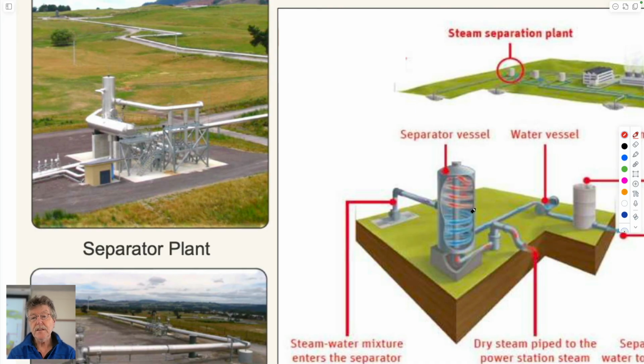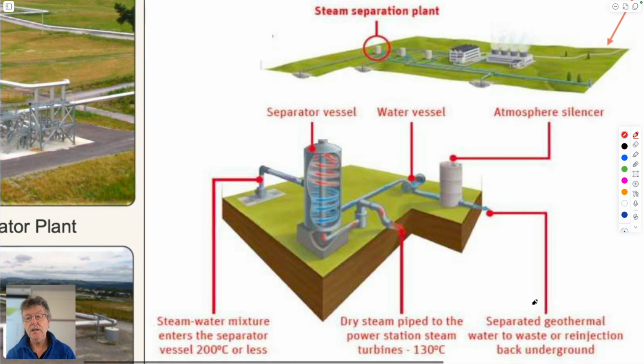It would open up in this vessel. The steam would be buoyant and rise to the top and be scavenged off and taken to the turbines. The water would be a liquid. It would sit at the base of the tank and be scavenged off and then be taken to be potentially reintroduced to keep the pressure in the reservoir high and to keep the temperature in the reservoir high also.